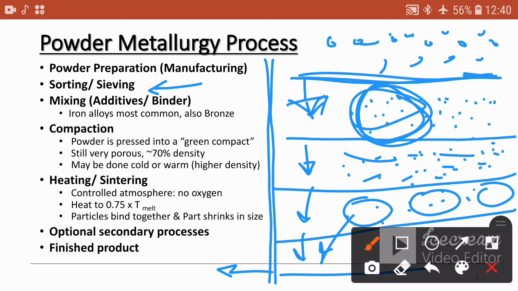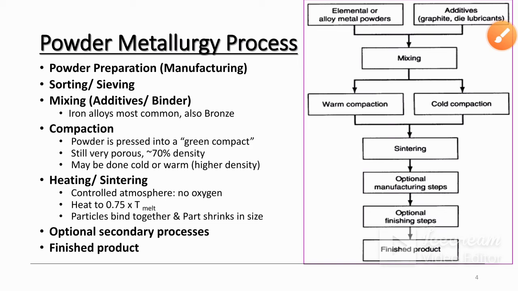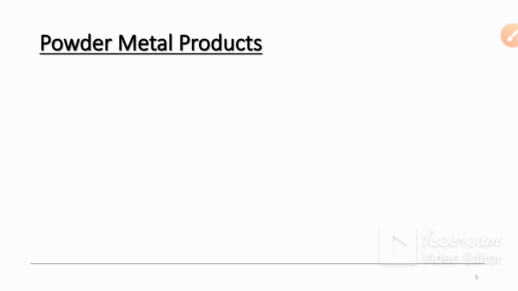And last process is our finished product is ready, or you can have optional finishing processes, surface finishing processes, like polishing, buffing, honing, grinding. So these are some processes which are carried out after optional secondary processes. And this is our flow diagram, okay.